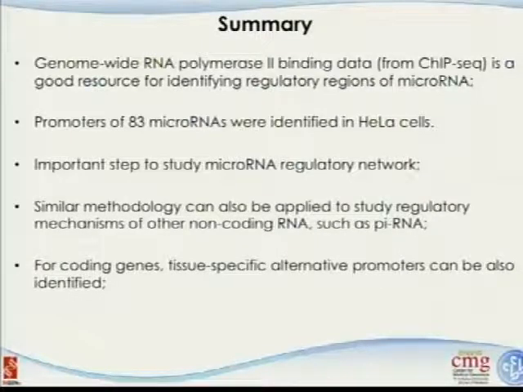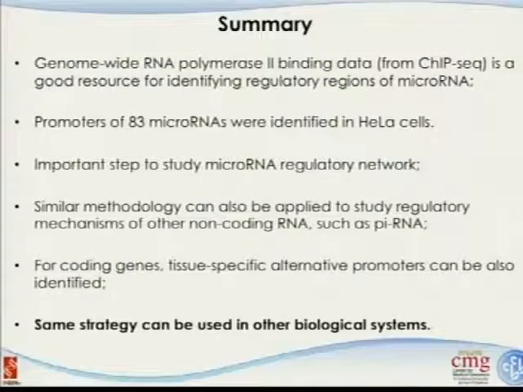Similar strategies can also be used for other types of non-coding RNA, as long as they are RNA polymerase II transcribed, and for protein coding genes, tissue-specific alternative promoters can be identified. And more importantly, the same strategies can be used in other biological systems. Actually, we did two systems, both in breast cancer cells and in HeLa cells, and both of them are giving us very meaningful biological results.